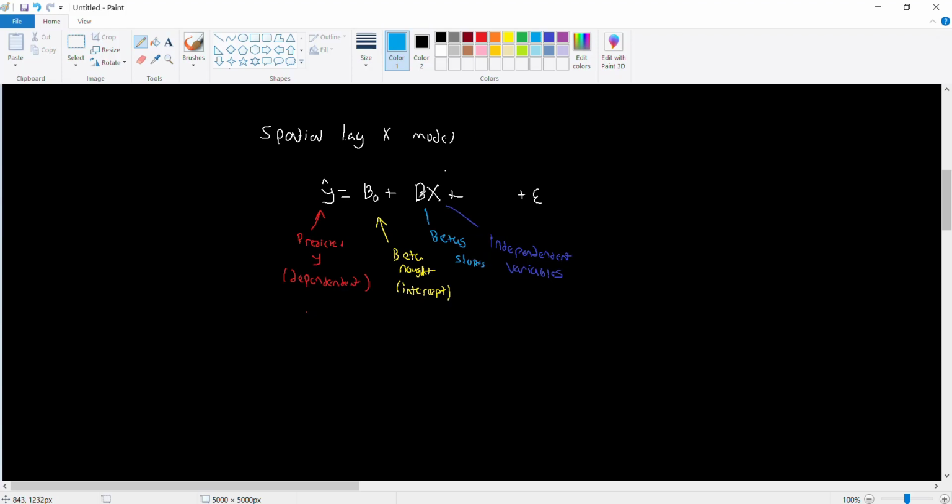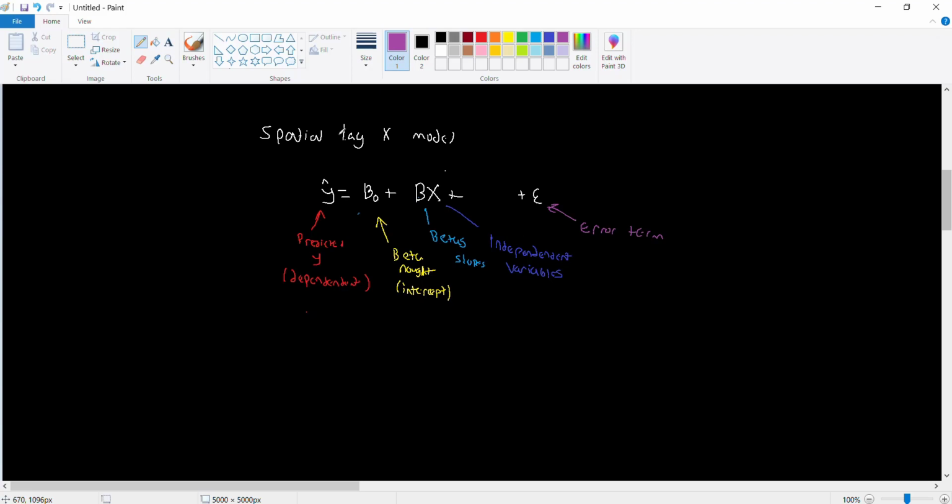And these betas define the relationships between our independent variables and our predicted y. Again, this is just regression review. Then over here, we have this error term, and this error term is basically whatever we didn't account for. This is all the stuff that we maybe didn't encapsulate in our data set.